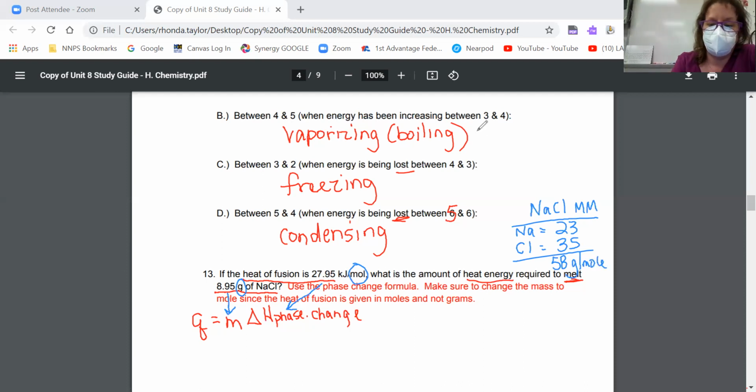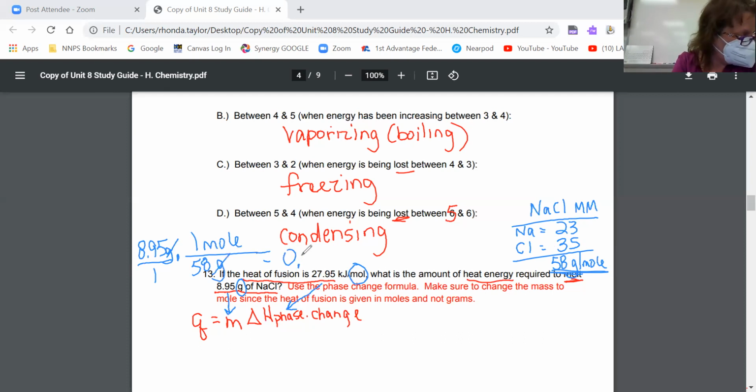We had 8.95 grams of sodium chloride. And we just said 58 grams per mole. All right, grams cancel. And that's going to leave us with 0.15 moles of NaCl.